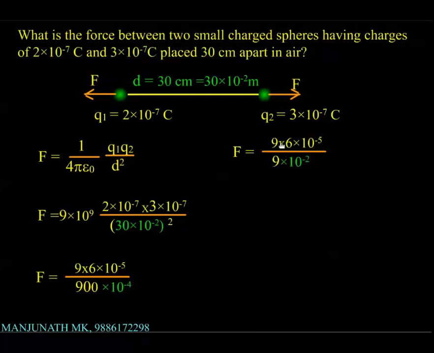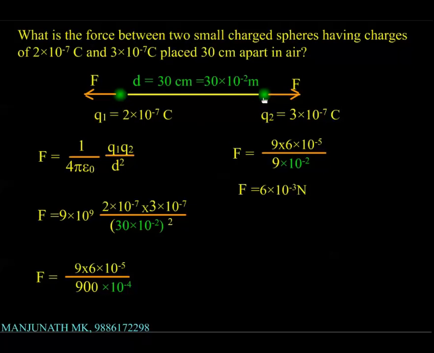Therefore F is equal to 9 into 6 into 10 to the power of minus 5 over 9 into 10 to the power of minus 2. 9 gets cancelled and remaining thing is 6. 10 to the power of minus 5 minus 2, it comes minus 3. So F is equal to 6 into 10 to the power of minus 3 Newton. Newton is the unit of force. So this is the force between these two charges when they are in air.